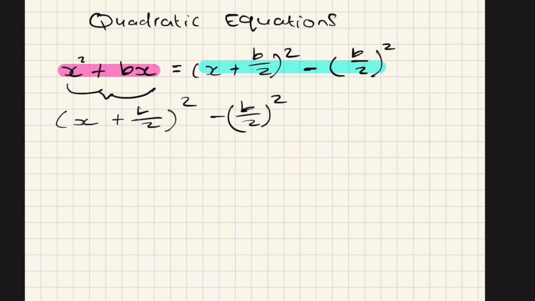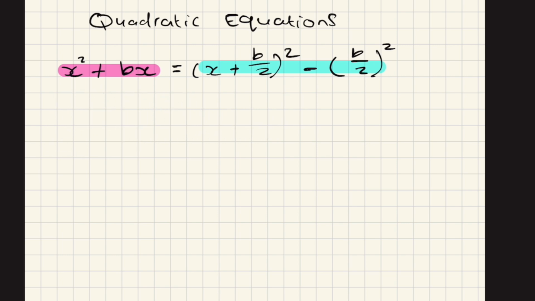To make you understand this better, I will do an example. If you have x squared plus 6x minus 28, to complete the square of this equation, we must first write it out as x plus 3 all squared.